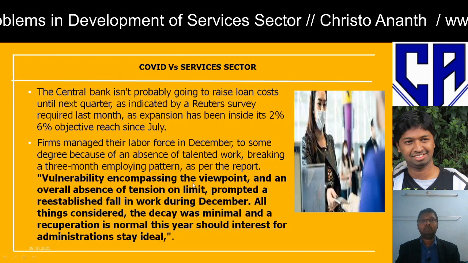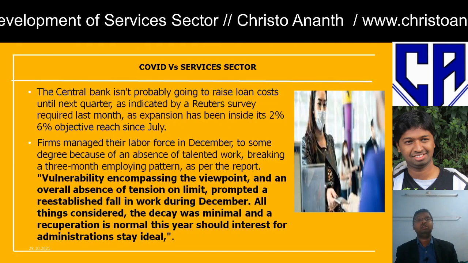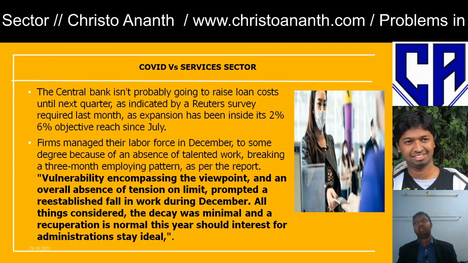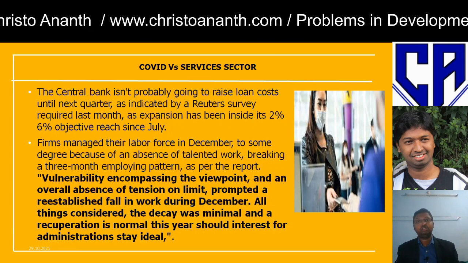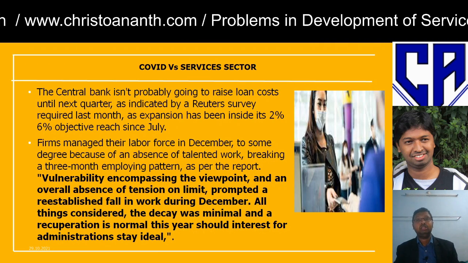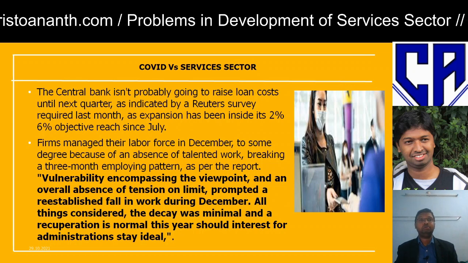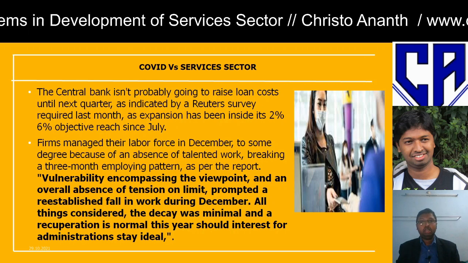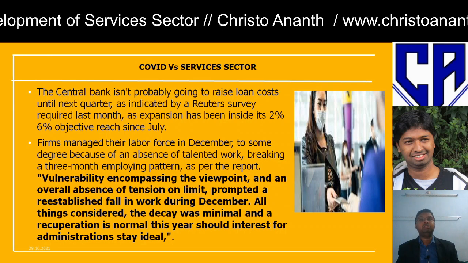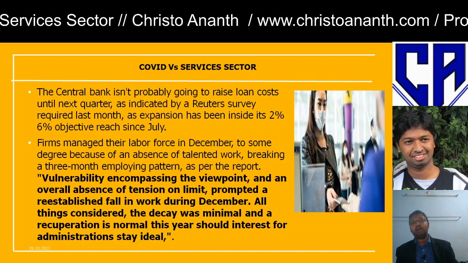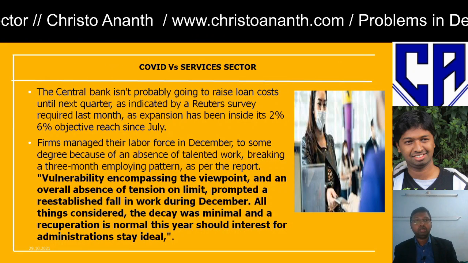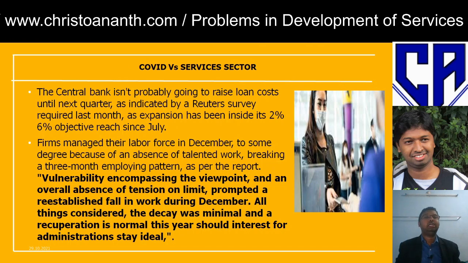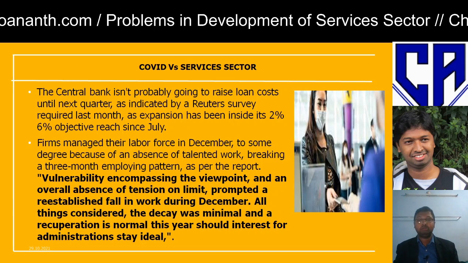And even the central bank is not going to raise the loan cost because of the Reuters survey, because it is not creating tension among the people. According to the Reuters survey, which was conducted last month, the expansion was around 2% to 6% objective since July 2021, and they have rightly pointed out this entire scenario to be a vulnerability encompassing the viewpoint and an overall absence of the tension on limit, which generally prompted a re-established fall in work during December 2021.